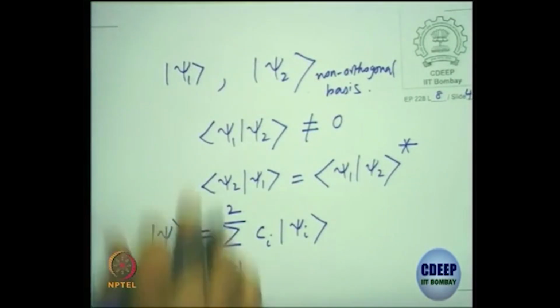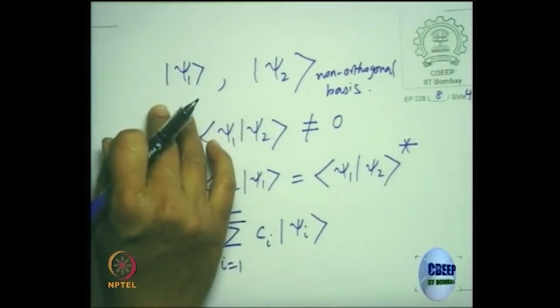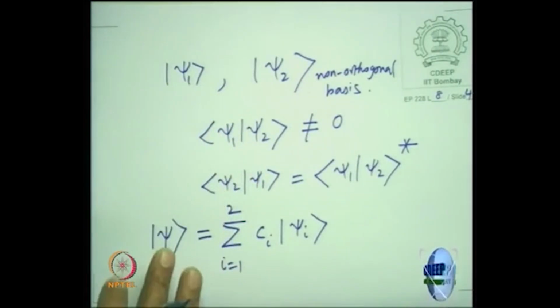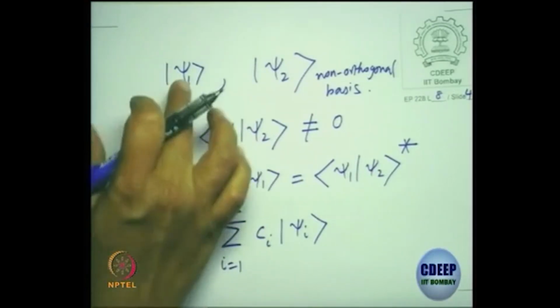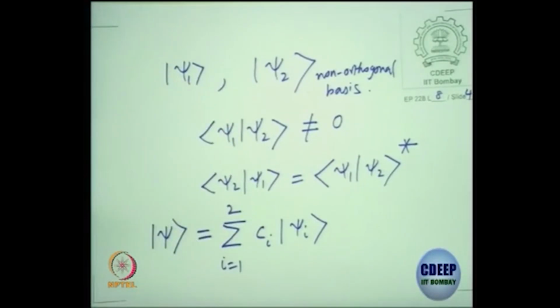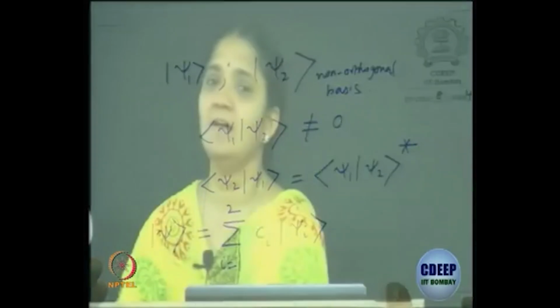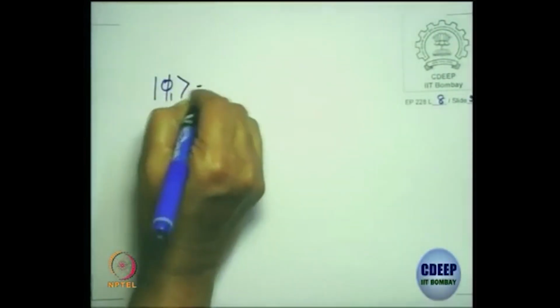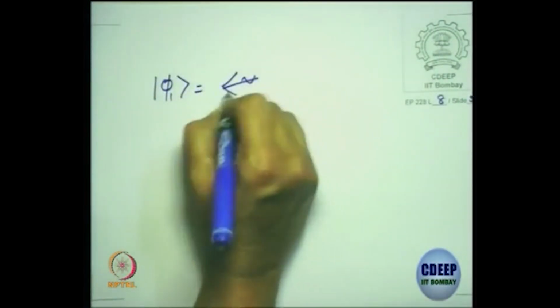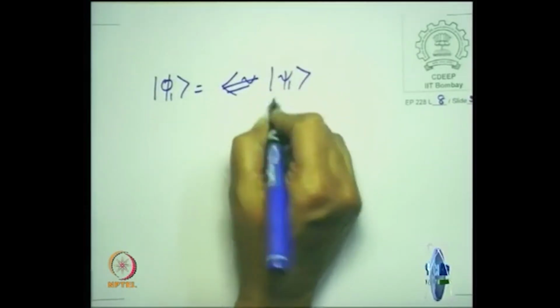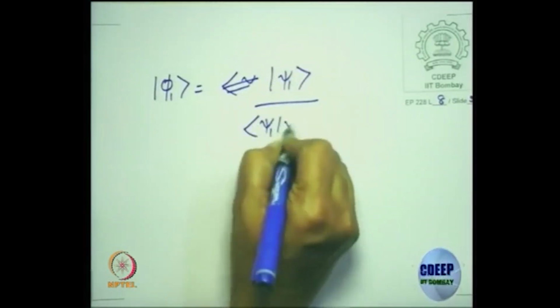Okay. So, just for convenience, we say phi 1 is proportional to psi 1 with normalization. If suppose this is normalized, then psi 1 itself will be the first vector, and you find the second vector by taking the projection. That is what you do, right? This is what we did last time. So, let us redo it here. We define phi 1 to be psi 1, but this may not be normalized, you have to normalize it.